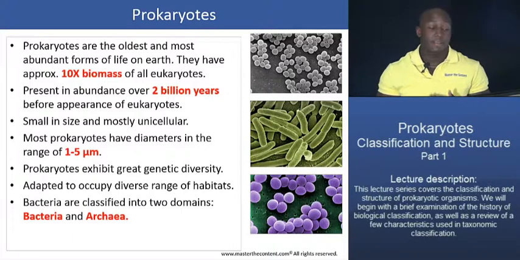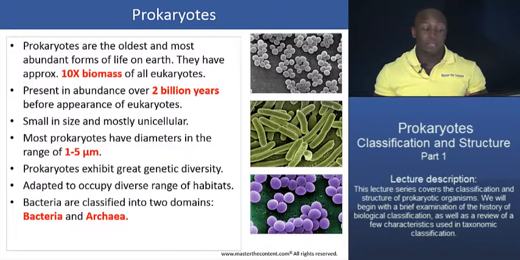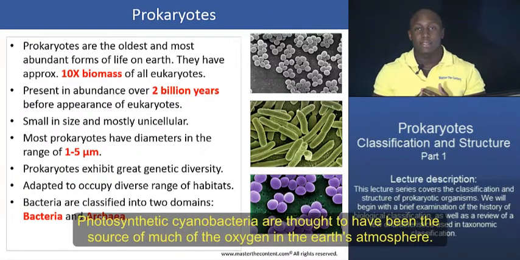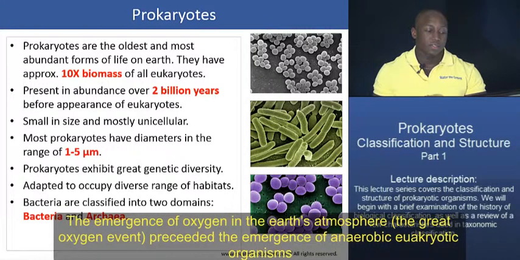As a matter of fact, photosynthetic cyanobacteria are thought to have preceded the emergence of eukaryotic organisms by forming oxygen, which allowed these organisms to evolve and come into play.